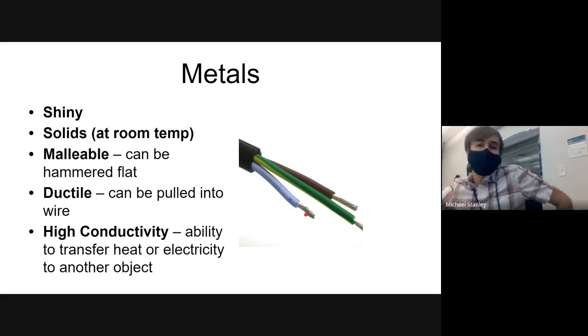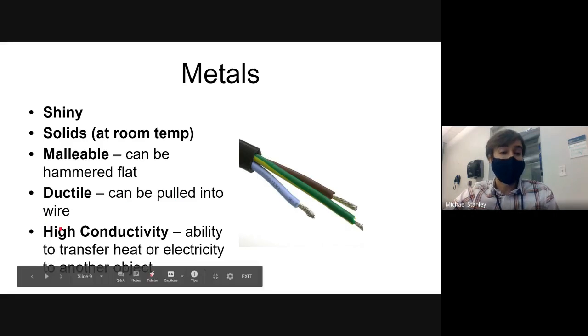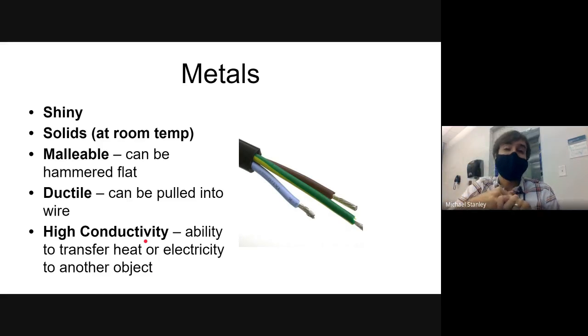And so the reason why wires are made out of metal, well, one reason is that it's easy to kind of twist and shape metal. The other reason why wires are made out of metal is that metals are very, very highly conductive, which means that heat or electricity can very easily pass from one side of a metal to another.